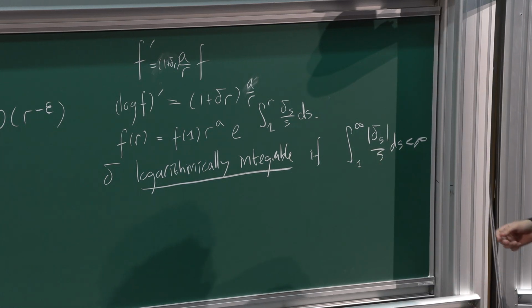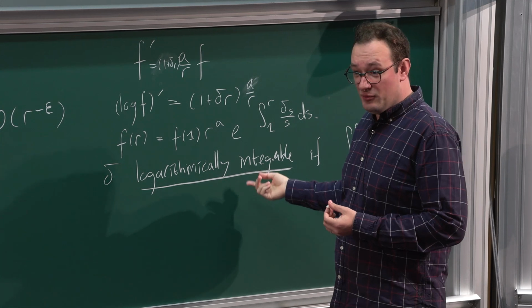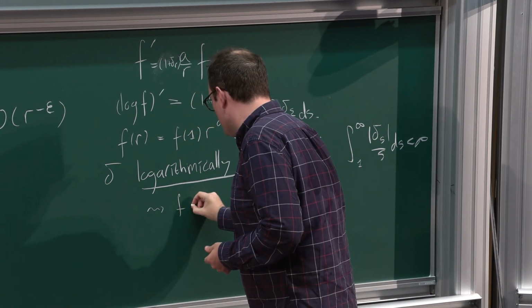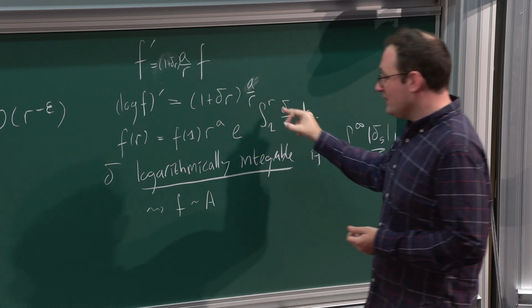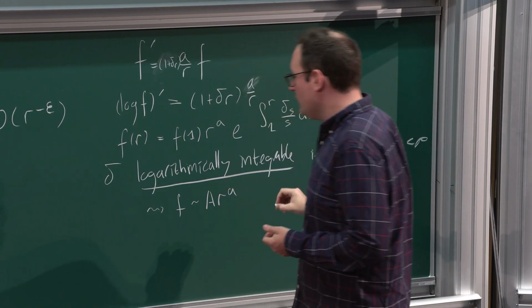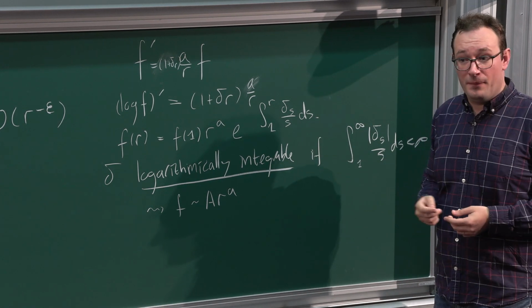Okay, so if this holds with a logarithmically integrable error, then f is asymptotic to some constant, which is just e to this integral out to infinity, times r to the a. But if the error is not logarithmically integrable, then you have some correction.